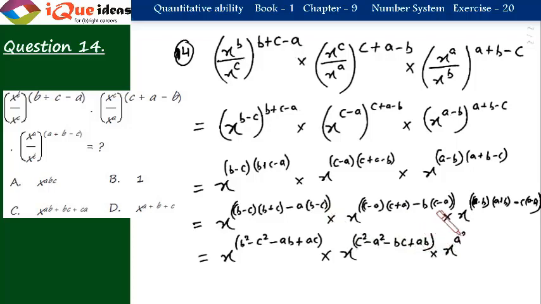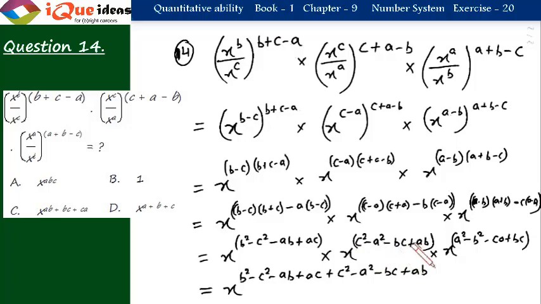Third one would be x raised to the power a square minus b square minus ca plus bc. Now all of them have base as x, so all the powers will get added. So it is x raised to the power b square minus c square minus ab plus ac plus c square minus a square minus bc plus ab plus a square minus b square minus ca plus bc.